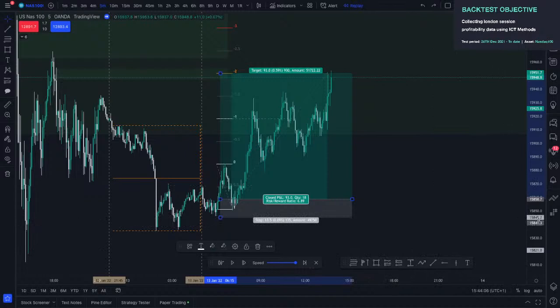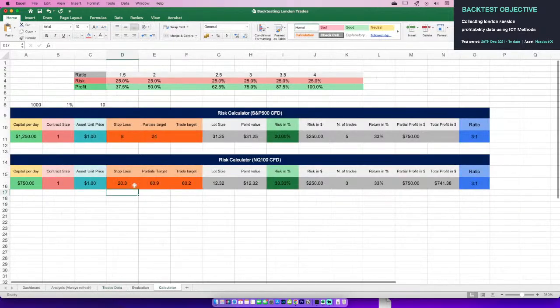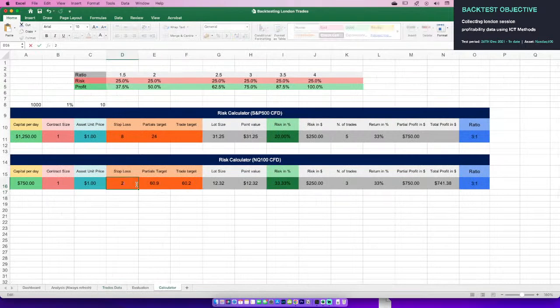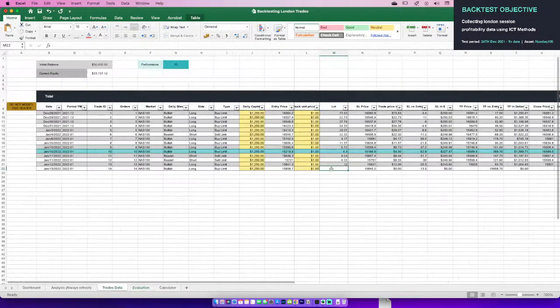See, I don't understand what these two lines are. Okay, small is the top one. 15,845.2. So a 13-point stop loss on a calculator is 13.2. 18.94 lot size. And I was targeting.